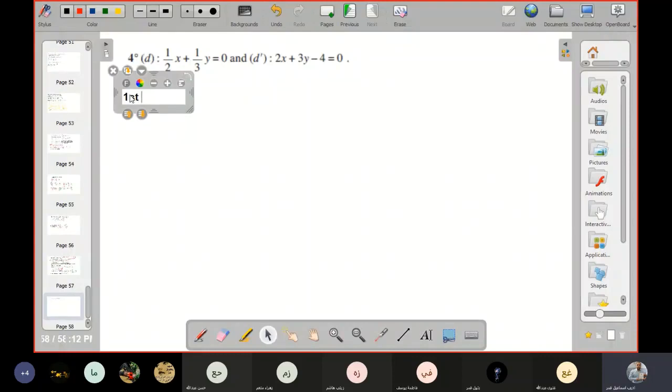First step: transform the equations to the form y equal ax plus b.